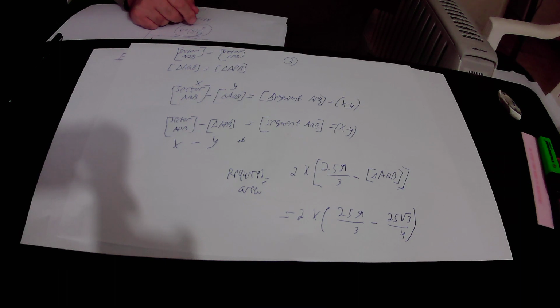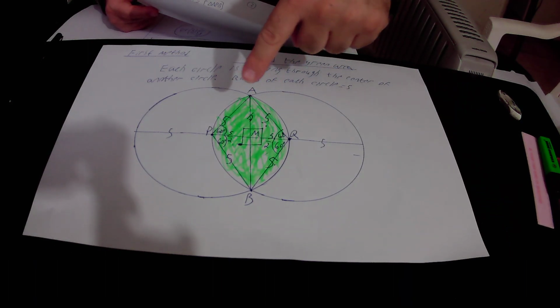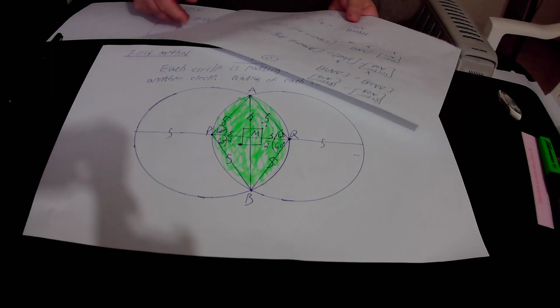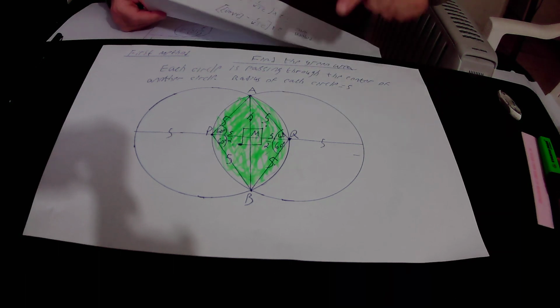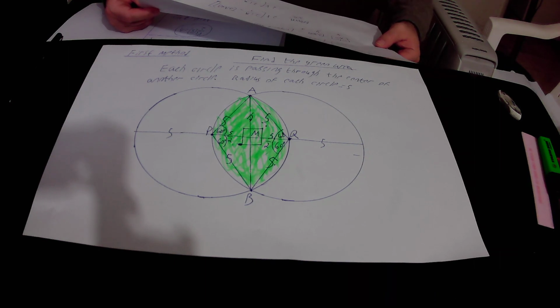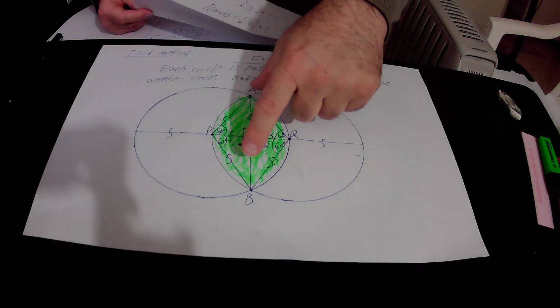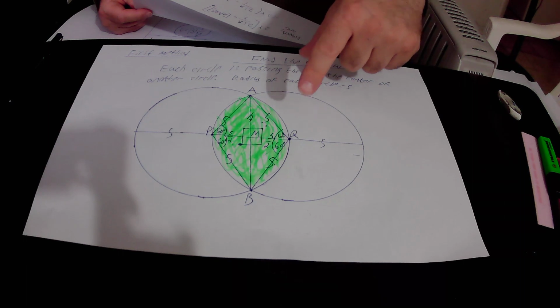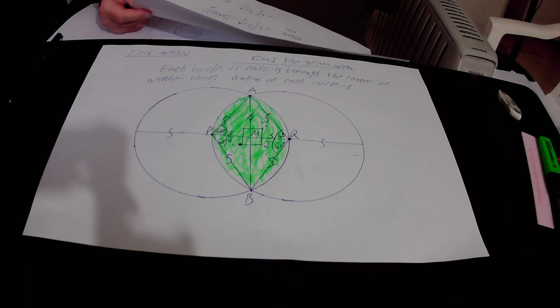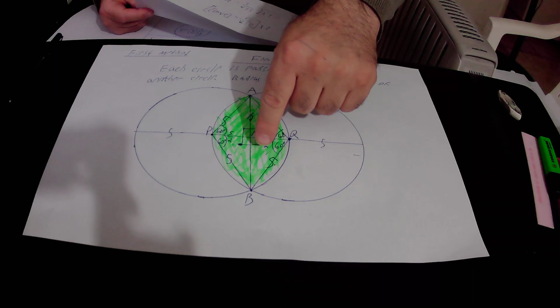And what is the area of segment APB? The area of segment APB will be equal to the area of sector AQB minus the area of triangle AQB.